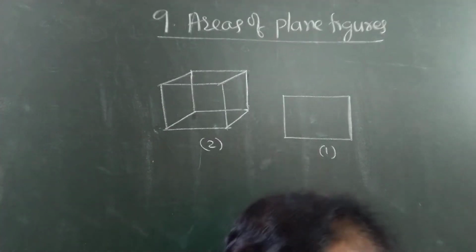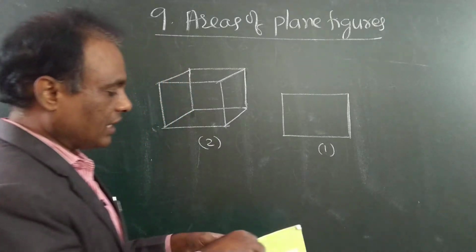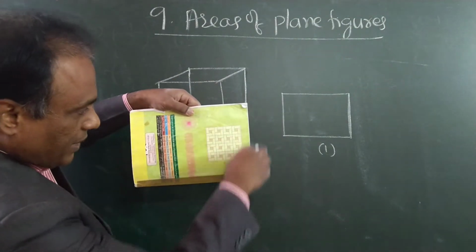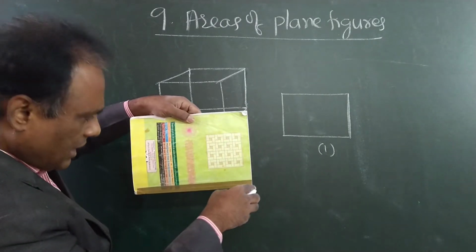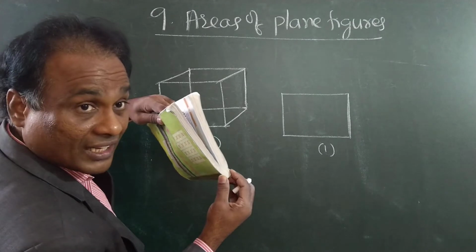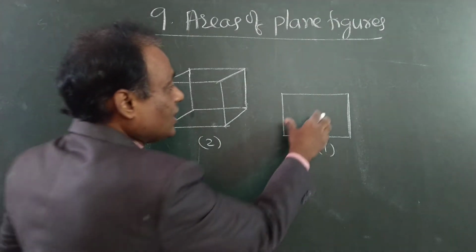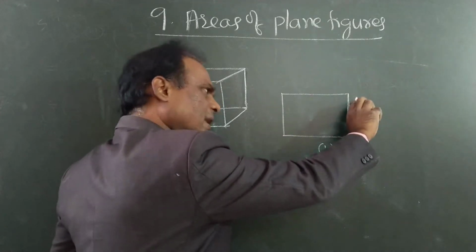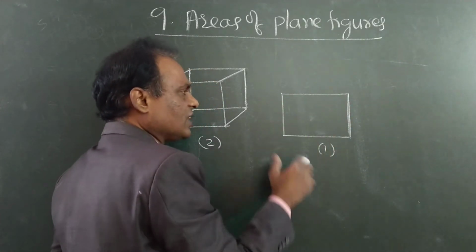So if you take your textbook, it has a length, a breadth and also thickness. There is some thickness. But whereas this is only length and breadth. So only 2 dimensions. There is no thickness.